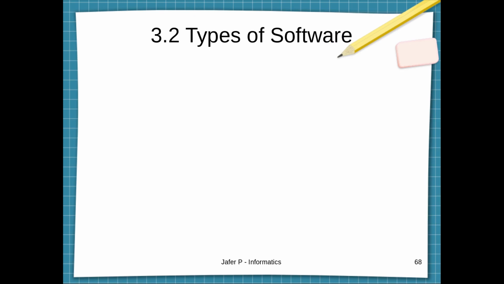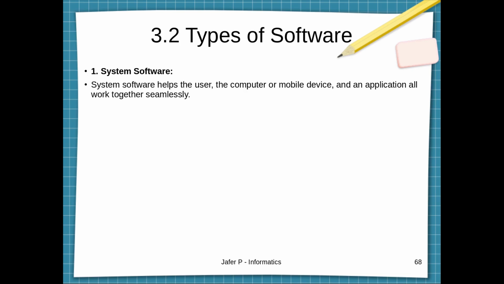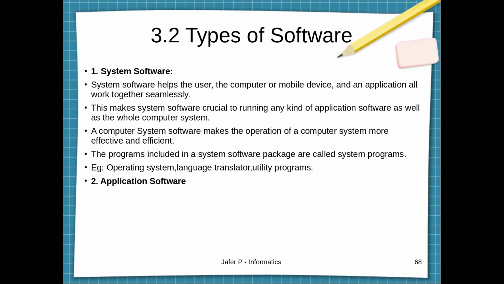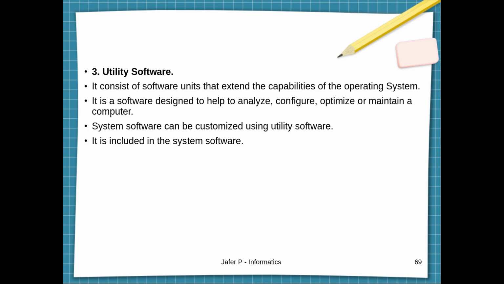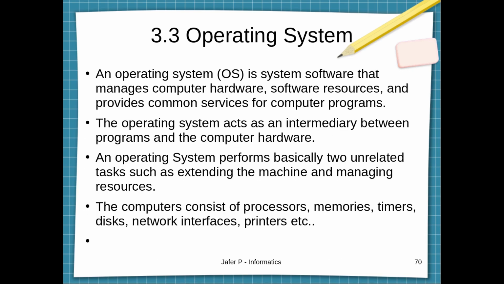Let us move on to types of software. What are the different kinds of software? The entire software is divided into several categories. First category of software is system software, second category is application software, and third category is utility software, right?